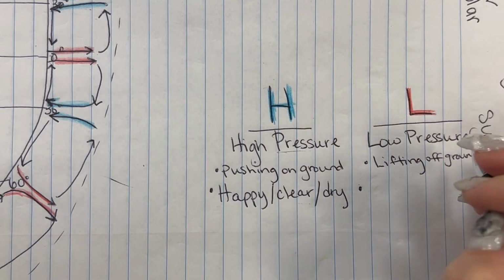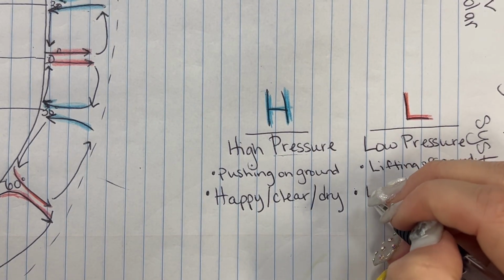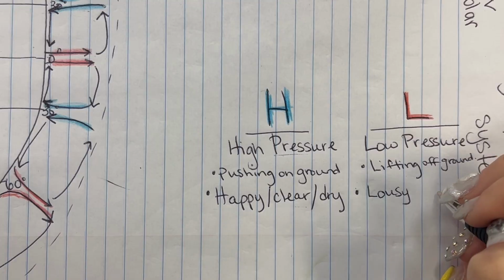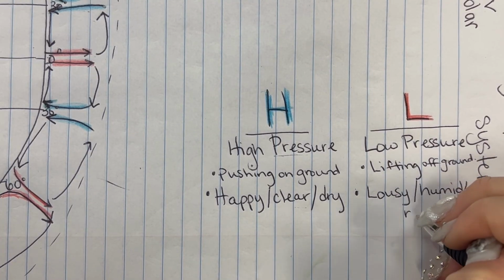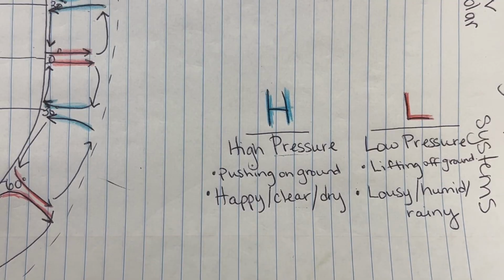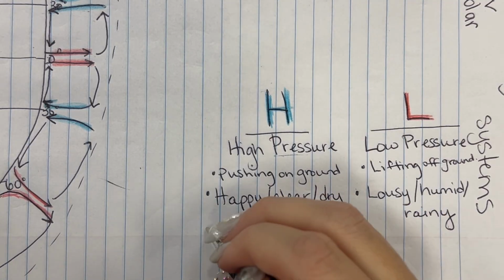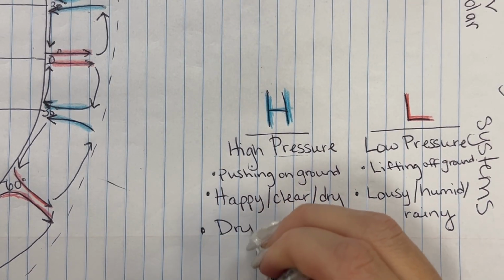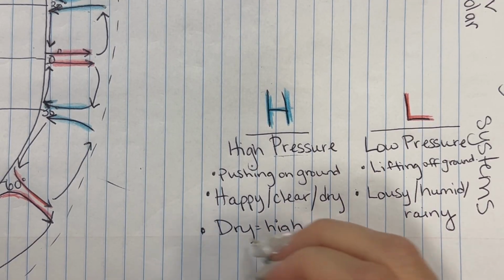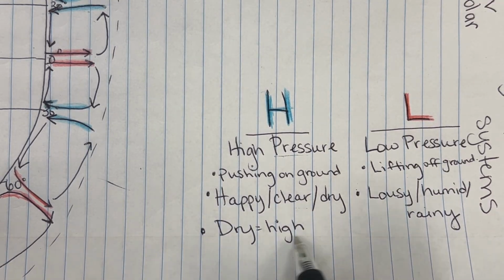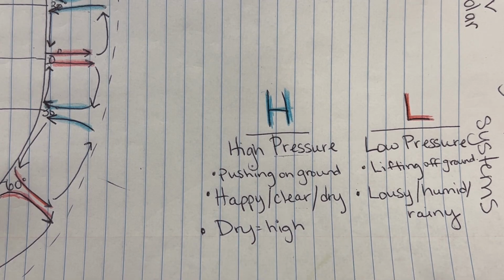Low pressure is lousy, humid, and rainy. My keyword here: high is dry, which rhymes with high. High is dry.